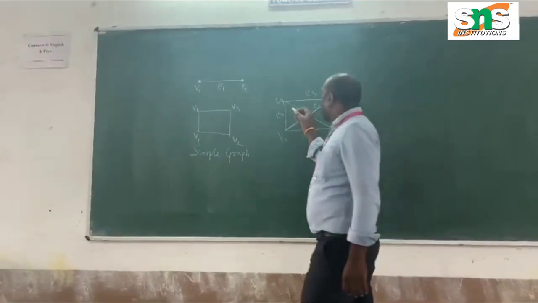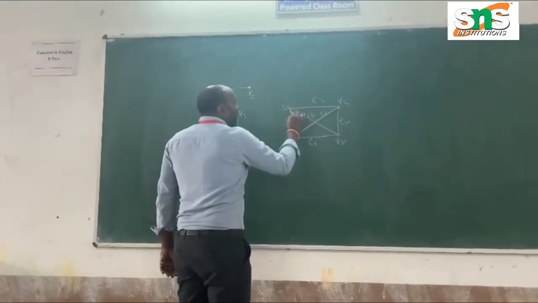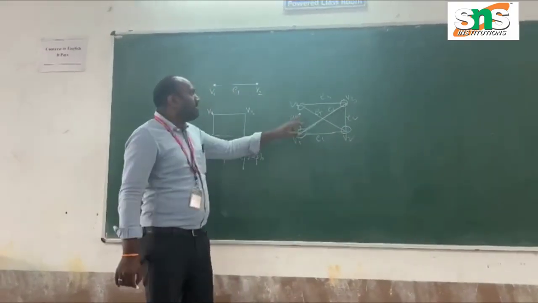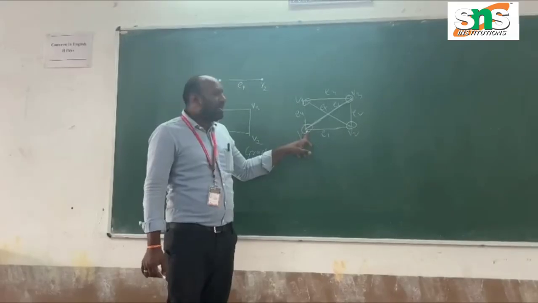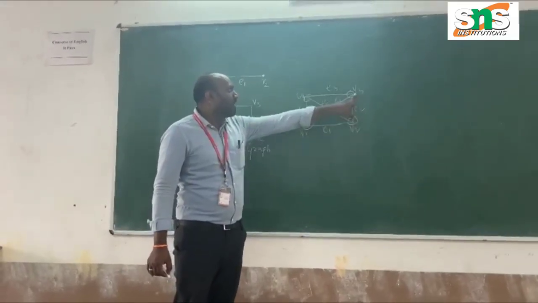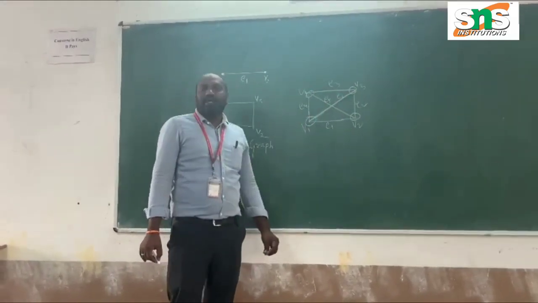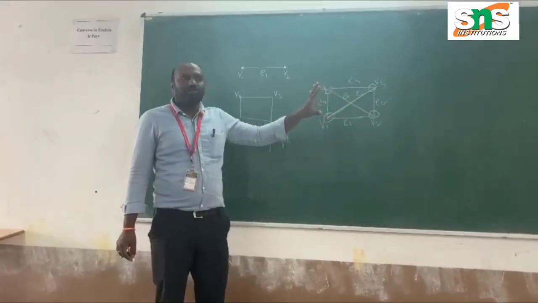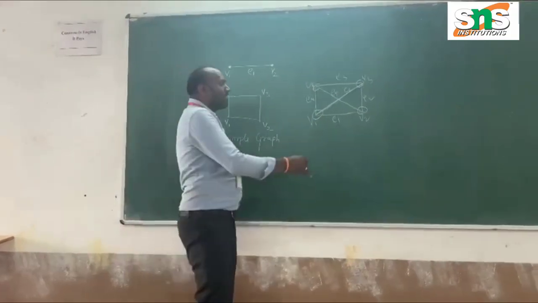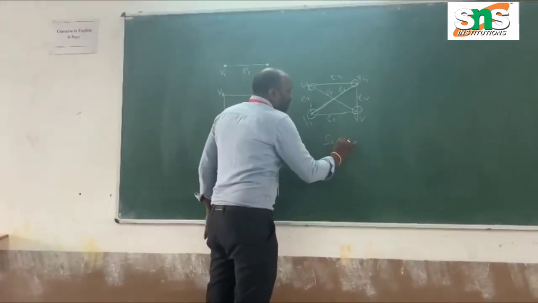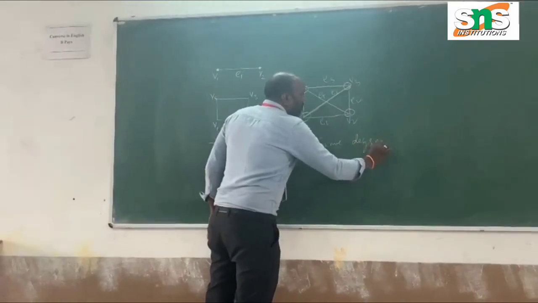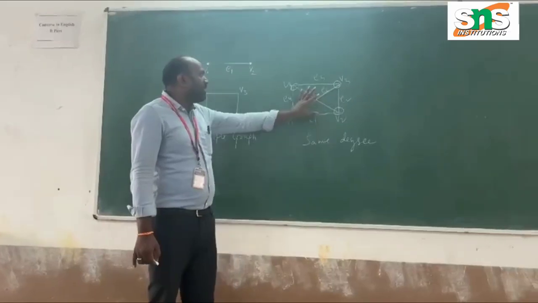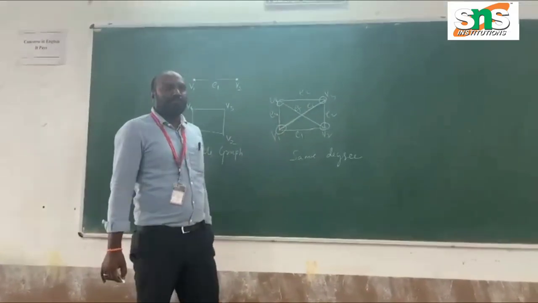Let's see that in all the vertices there is a degree. The degree is 3. For example, V1 the degree is 3, V2 degree is 3, V3 degree is 3 and V4 degree is 3. So all the vertices have the same degree, 3. So it is called a regular graph. A regular graph always has all degrees the same.